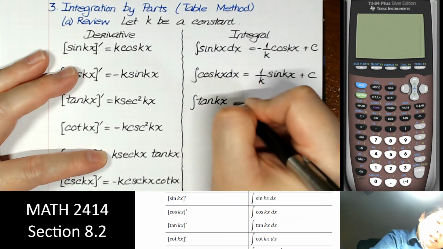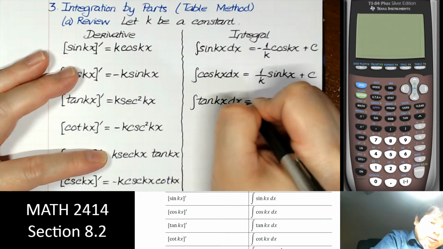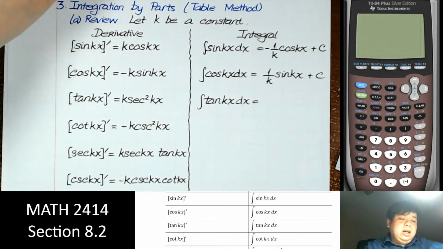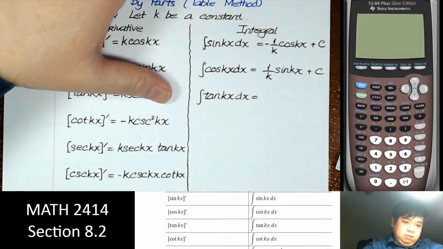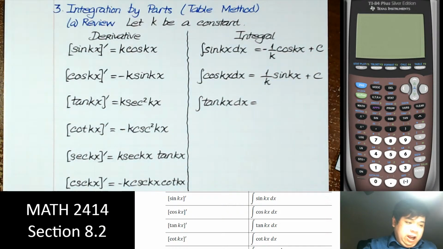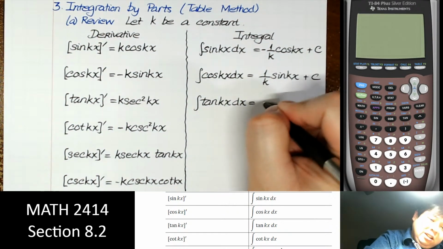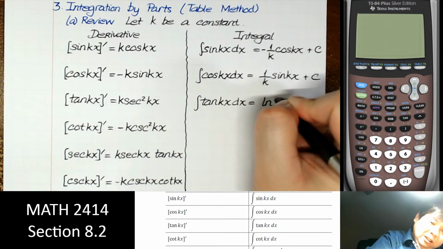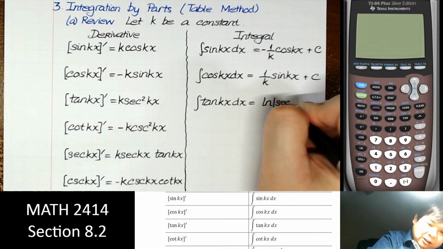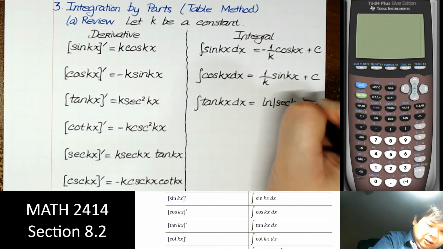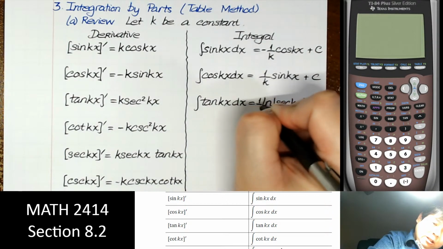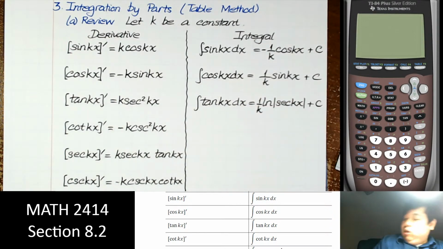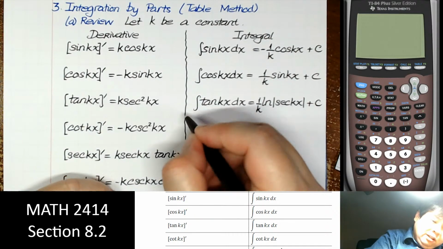Tangent kx dx. Right. Integral of tangent is ln of secant, and we divide by k, so 1 over k.